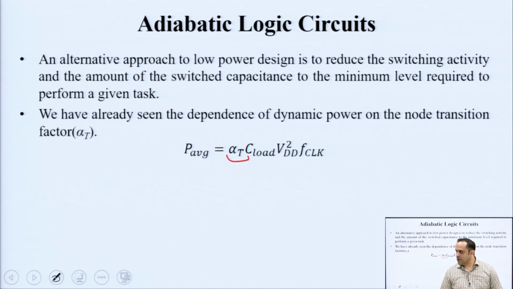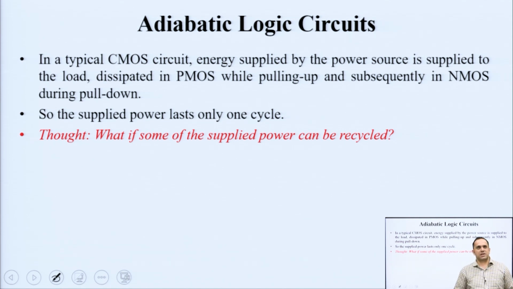So, what happens in any CMOS circuit, whenever you supply energy or power source, which is usually a constant voltage source, it charges your load capacitance, and it keeps it charged to a certain value, and then at some time depending on the logic it can discharge also.